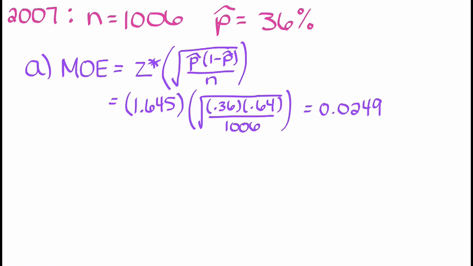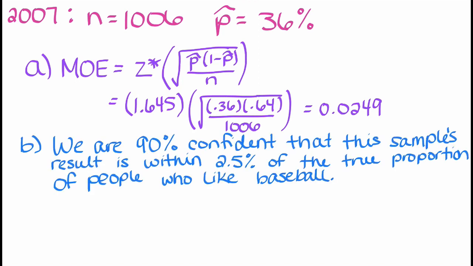So that's our margin of error. It's basically our sample proportion plus or minus that margin of error. Part B, we are 90% confident that this sample's result is within 2.5% of the true proportion of people who like baseball.